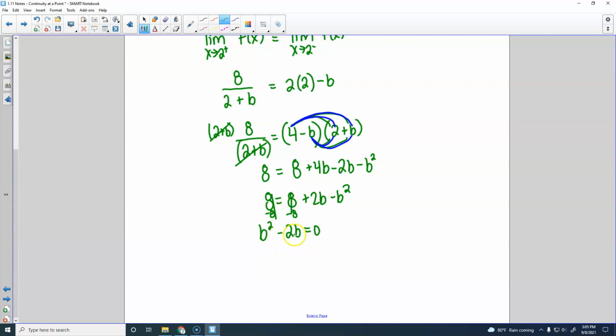So b squared minus 2b equals 0. We factor out a b. And so b equals 0 and b equals 2. You're doing b minus 2 equals 0, and then you just add that 2 to each side. So you just set each piece equal to 0.